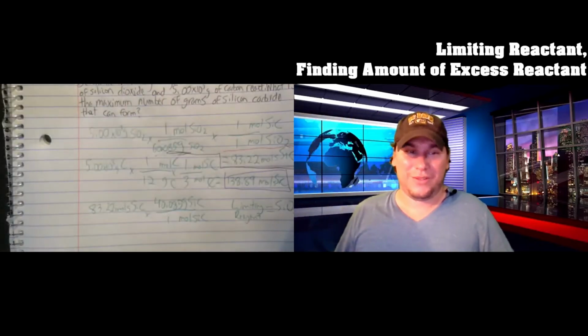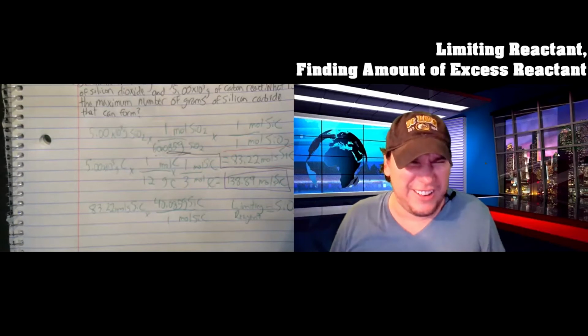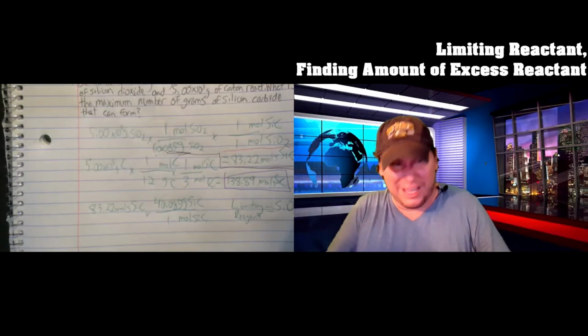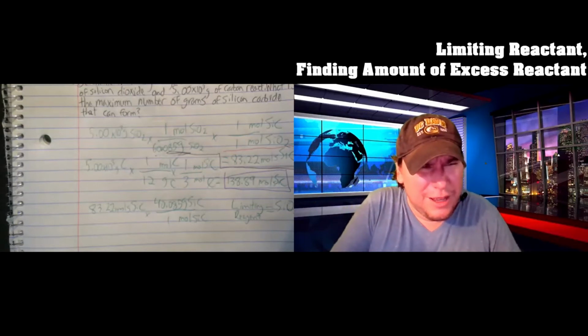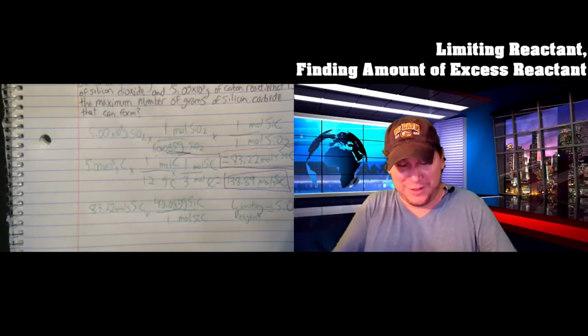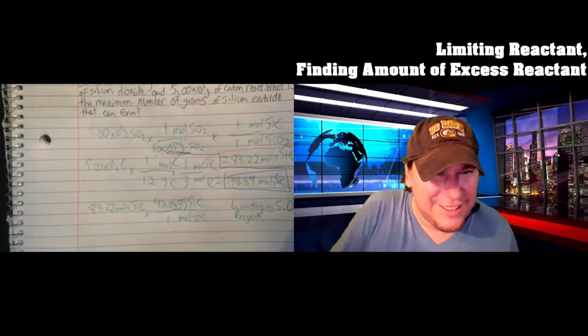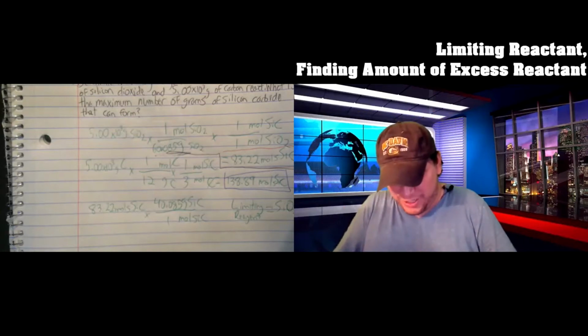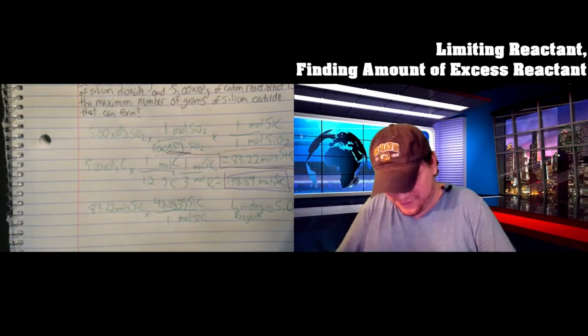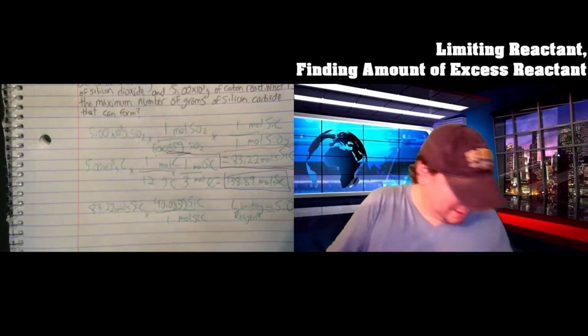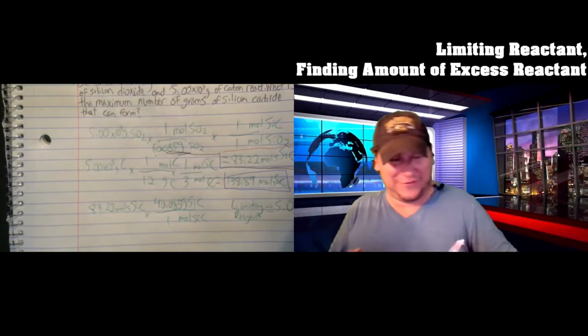For every mole. Okay, just multiply those together. We should have our grams. So 83.22 times 40.085. And we get a big number.